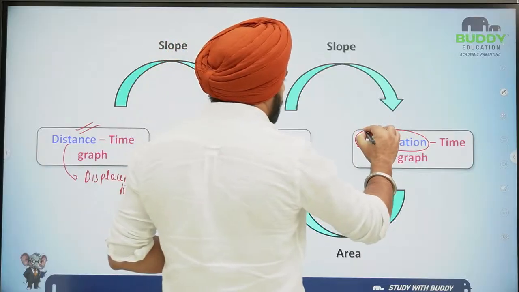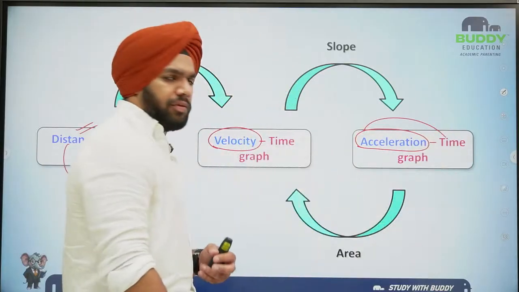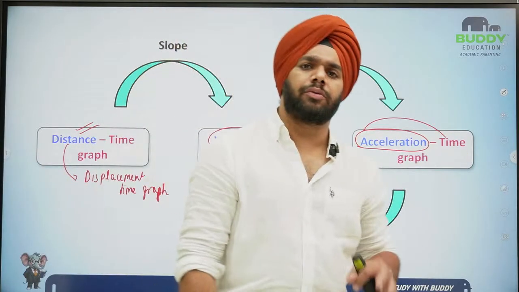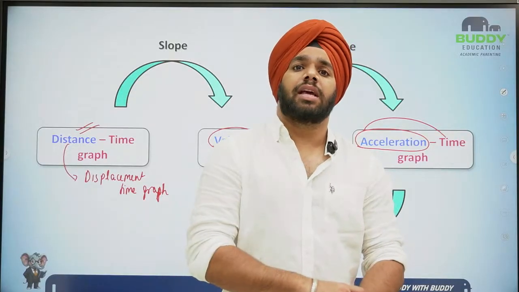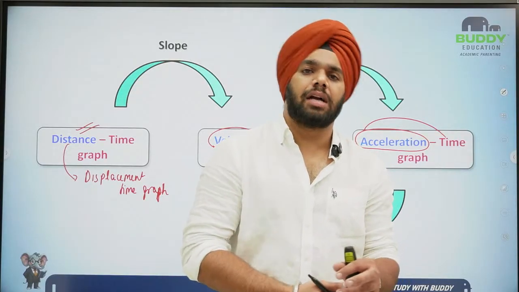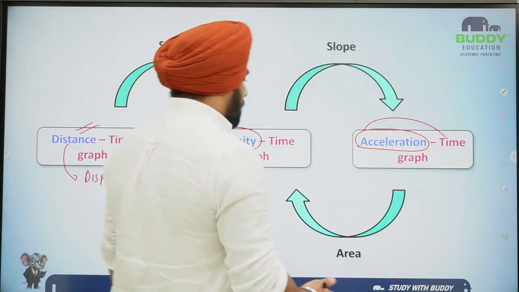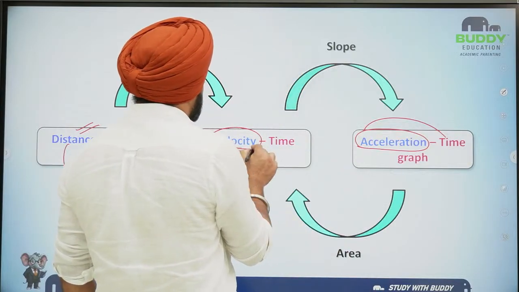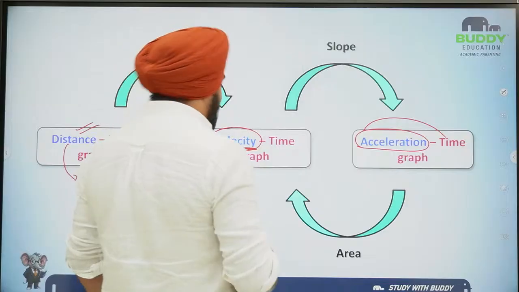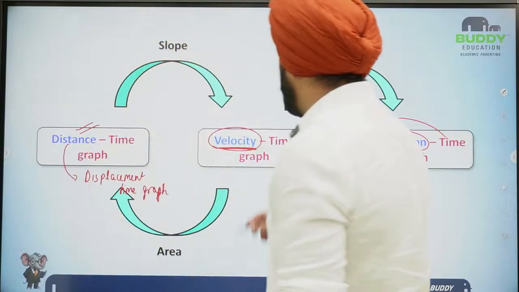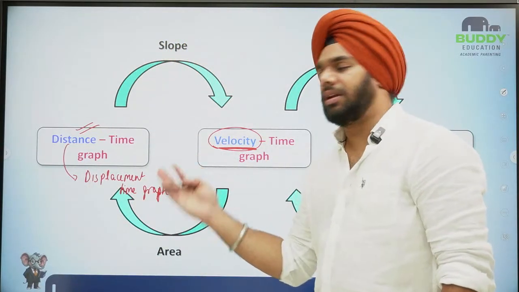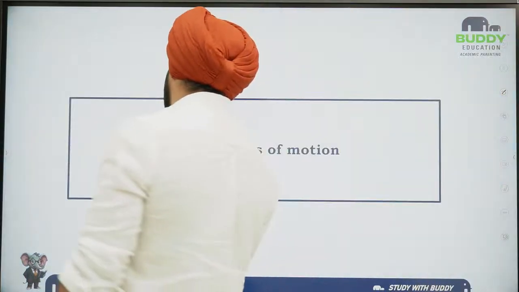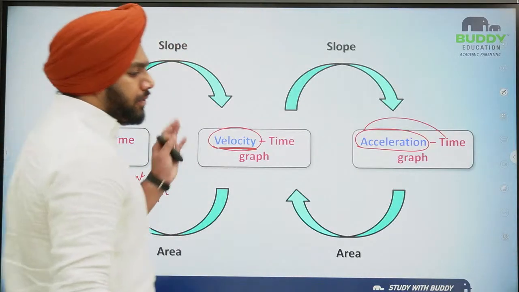So suppose you are provided with the acceleration time graph. If you find the area covered under the acceleration time graph, it will give you velocity. Okay. And then if you find the area covered under the velocity time graph, it will give you distance or displacement. So you can learn this thing.